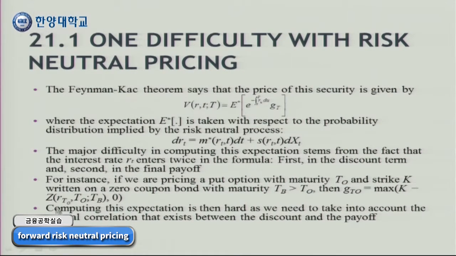If interest rate goes up, this goes down. If interest rate goes down, this goes up. And this terminal interest rate should be correlated with the current interest rate. And this current interest rate also affects this discount rate. So this creates a correlation between this and this. Computing this expectation is then hard, as we need to take into account the natural correlation that exists between the discount and payout.